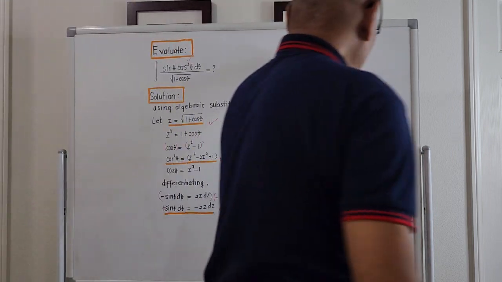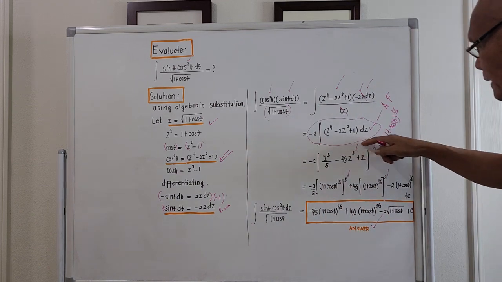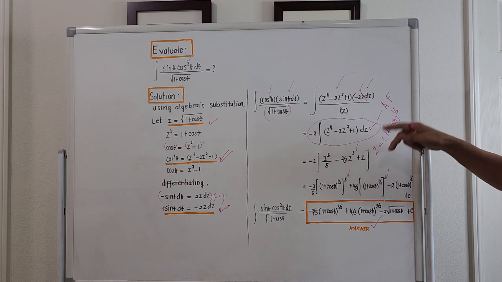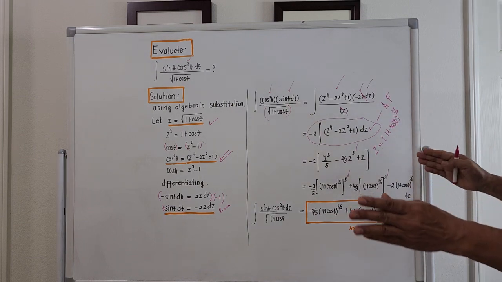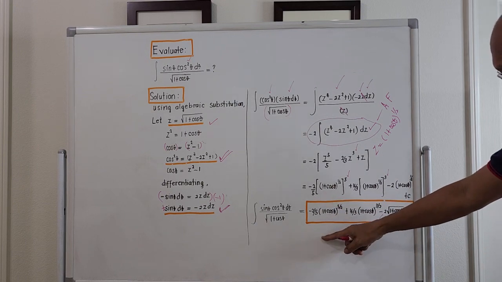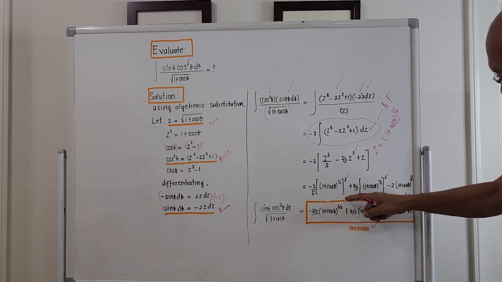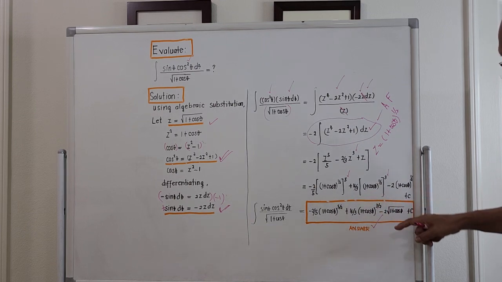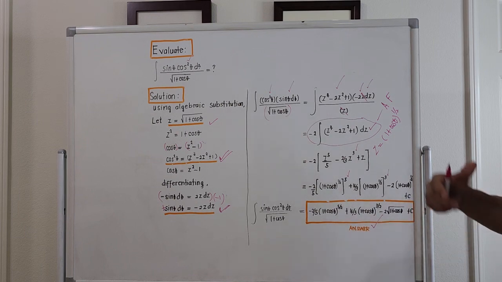After the substitution, what comes out is now an algebraic integration. And it now all falls under the power formula. And after the simplification, the final answer will be negative 2 over 5, 1 plus cosine theta raised to the 5 halves, plus 4 thirds, 1 plus cosine of theta to the 3 halves, minus 2 the square root of 1 plus cosine of theta plus c. That's it.